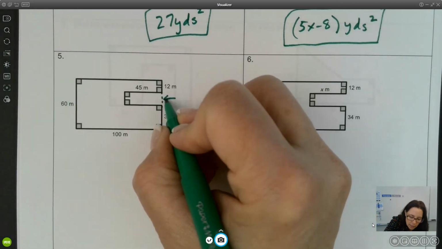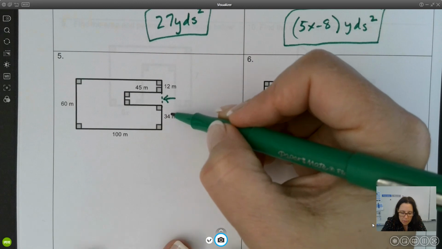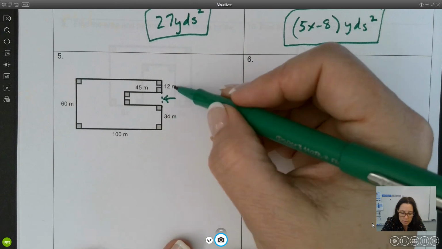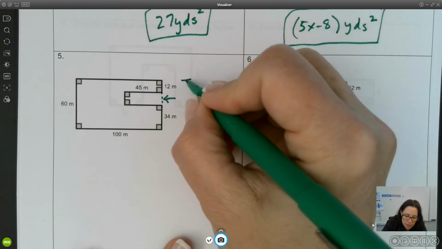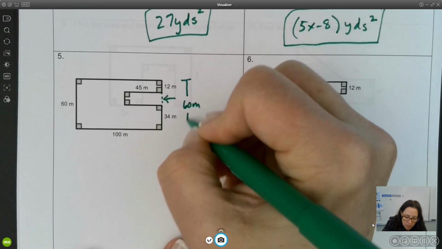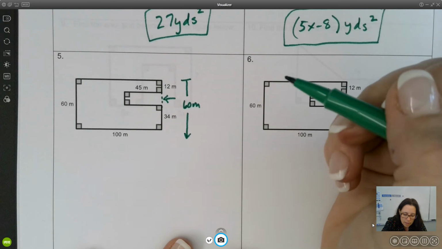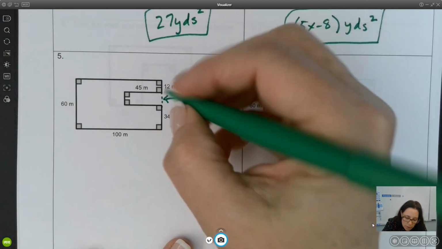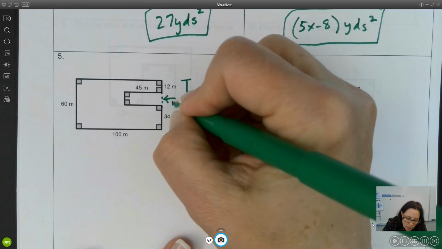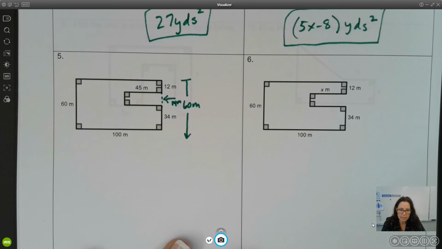This piece right here, if this is 12 and this is 34, that would be a total of 46. 60 needs to be the whole thing. So if this whole thing is 60 meters, that little piece right there is going to be 46, so 14. 14 meters is that little guy.